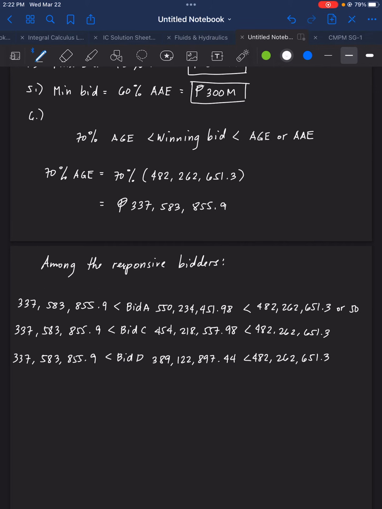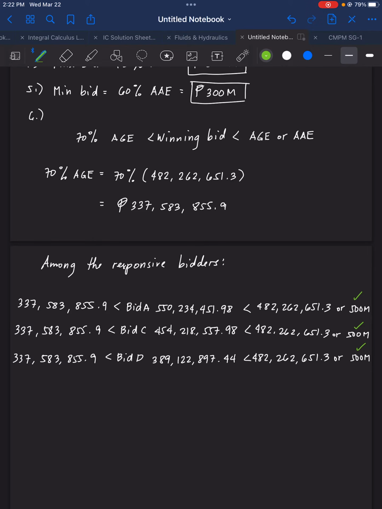So 500 million, whichever is higher between these. Since 500 is higher, we will be using the AAE 500.